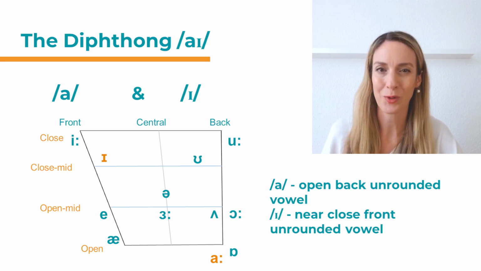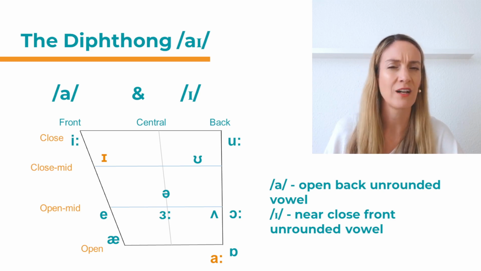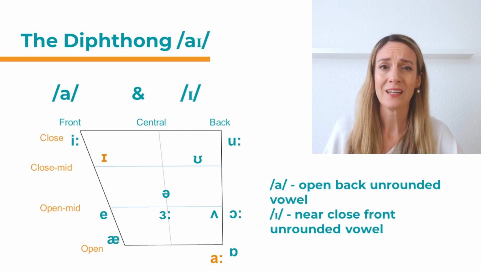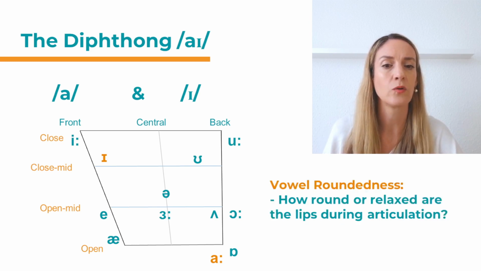However, one more thing. Those of you who study phonology, you might wonder, what is this all about? Unrounded, rounded vowel sounds. Maybe you've heard this before. Now remember that vowel sounds are usually classified as rounded or unrounded, and this refers to what we call vowel roundedness.